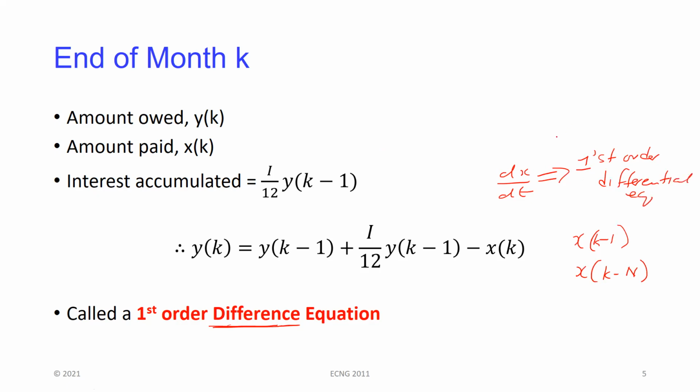And then, of course, if we had d2x dt squared, you had a second order, etc. In this case, if you have a k minus 1 in the difference equation, that's a first order. And then if you have a k minus n in it, that's an nth order. Right? So k minus 2 would have been second order, k minus 3 third order, and so on.